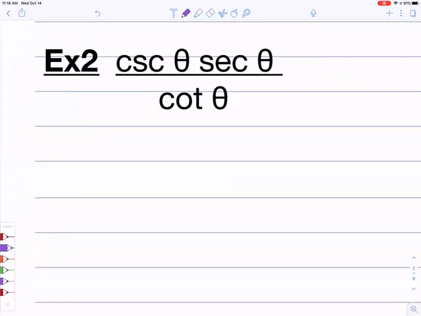You try number 2. Again, step number 1, let's get everything into sines and cosines. And then step number 2, let's do the math.